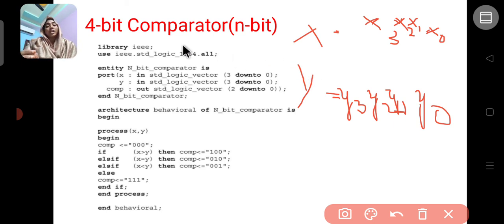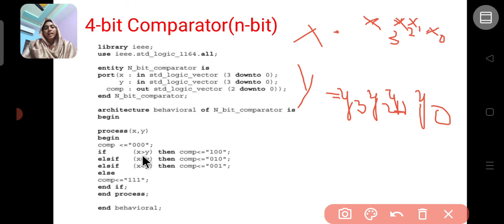Suppose we are writing code for 4 bits, then in each input we have 4 bits: X0 to X3, Y0 to Y3. For comparison we get only 3 outputs: greater than, less than or equivalent. The compare output is a std_logic_vector 2 down to 0, with 3 outputs. The next process is on X comma Y.